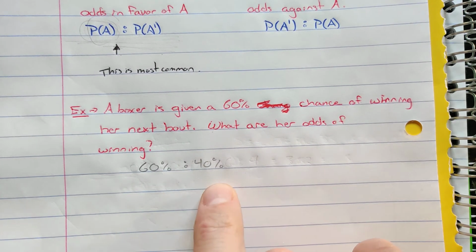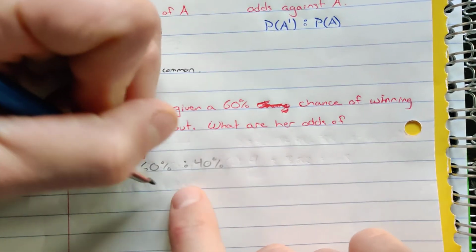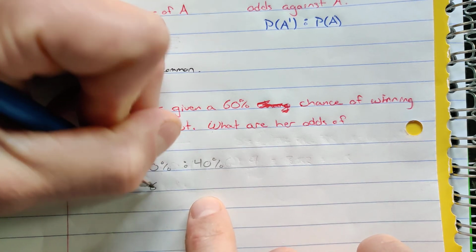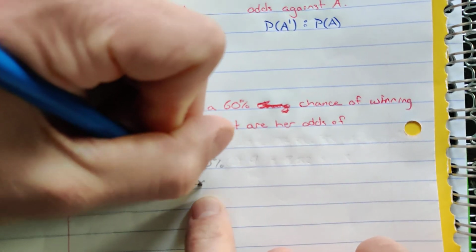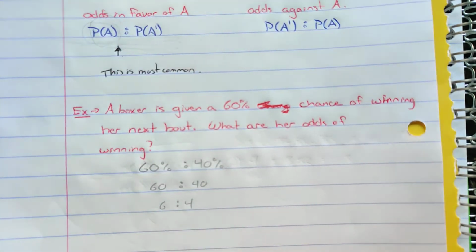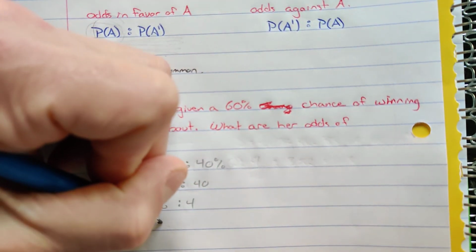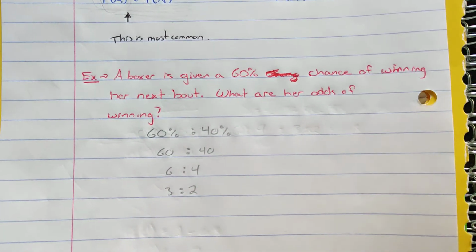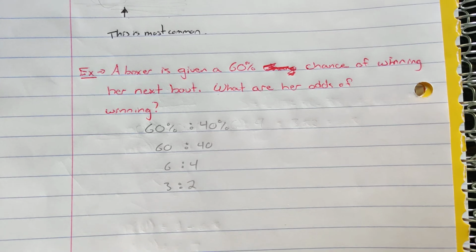What we would do is write this as a ratio in lowest terms. So 60 to 40 is the same as 6 to 4, which is the same as 3 to 2. So the odds in favor of her winning are 3, and the odds against are 2.